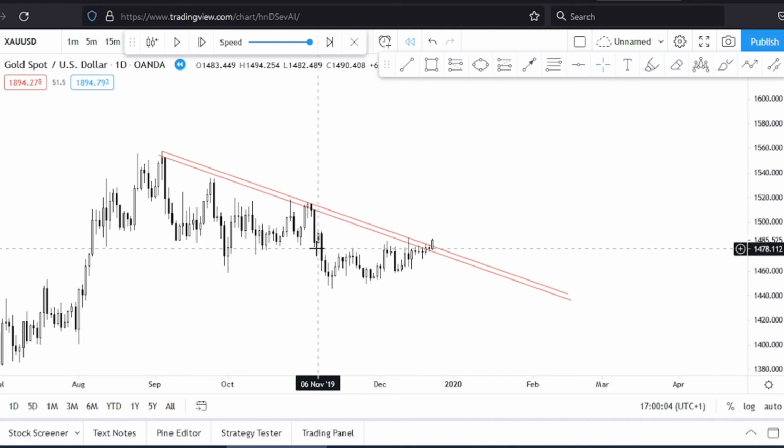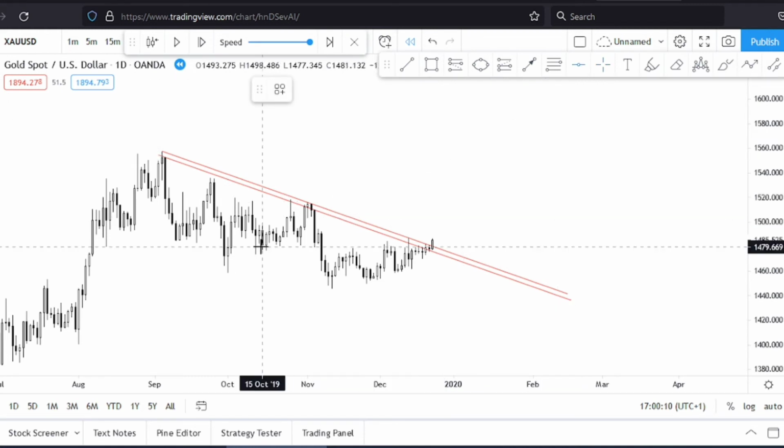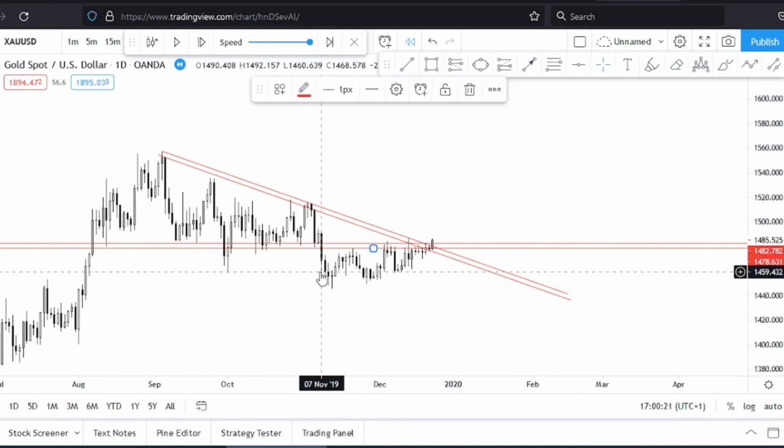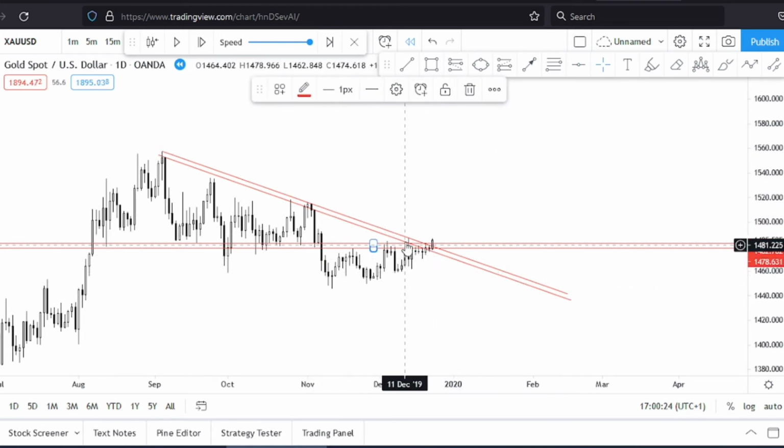Coincidentally, this also coincides with a very good resistance area that was broken. If you look at this area over here, sorry, the area was broken, so price broke this area, came out, tested it, and finally broke out of it.